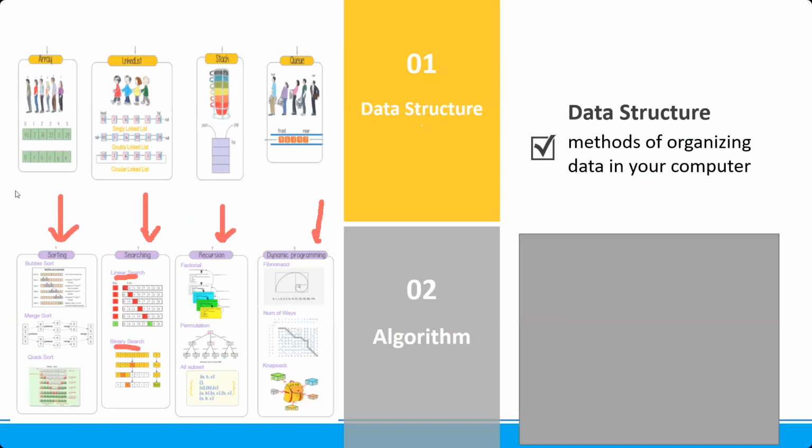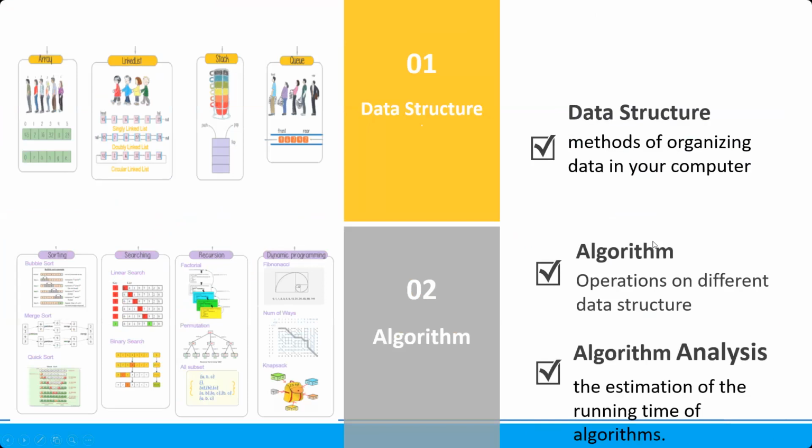So what does it mean by algorithm? The algorithm means operation on different data structures. So if I have the data like the one that I mentioned, there should be an algorithm for data structure 1. If I have data structure 2, then I need to have an algorithm for data structure 2.